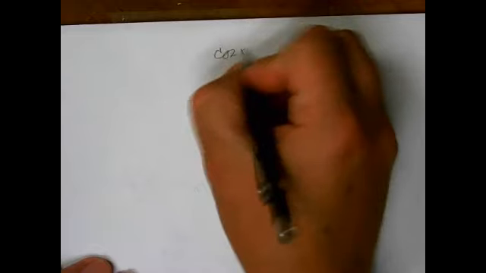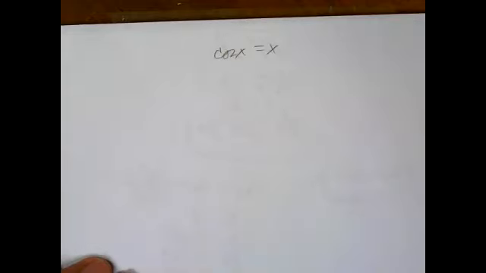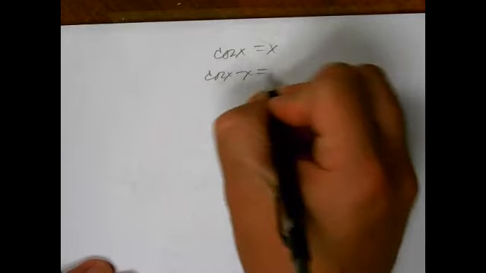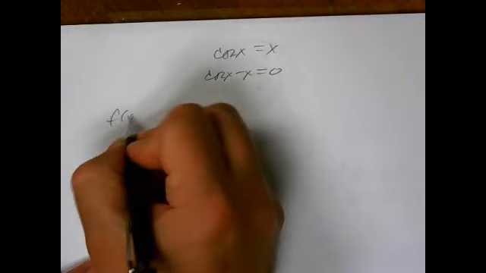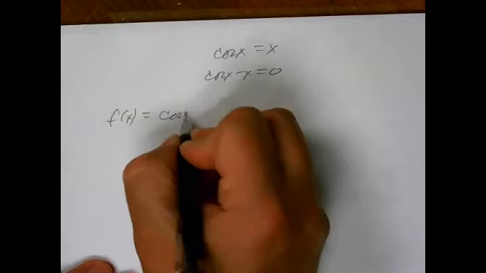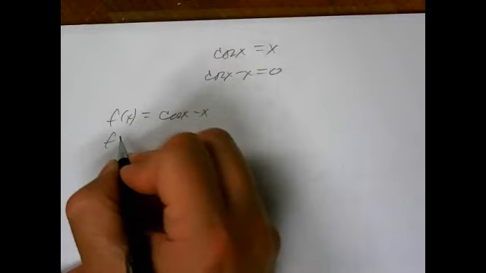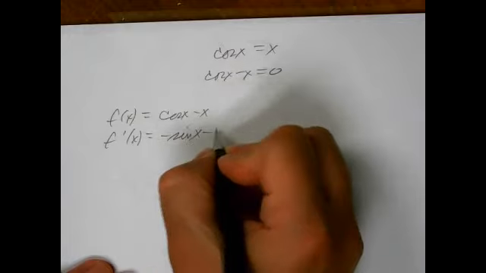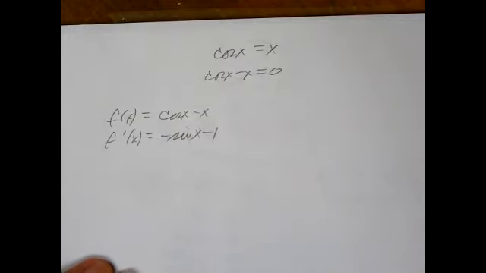So if I had cosine of x equal to x, if I want to know when does the cosine of a value equal to that value, I would write that as cosine of x minus x equals 0. That makes my function cosine of x minus x, and my derivative negative sine of x minus 1. Right?